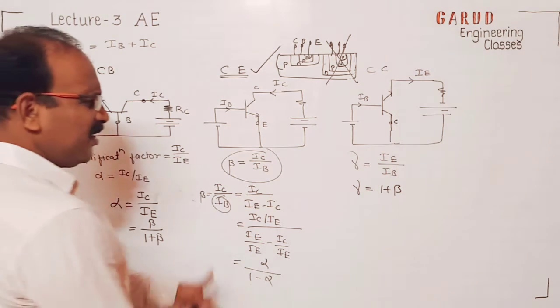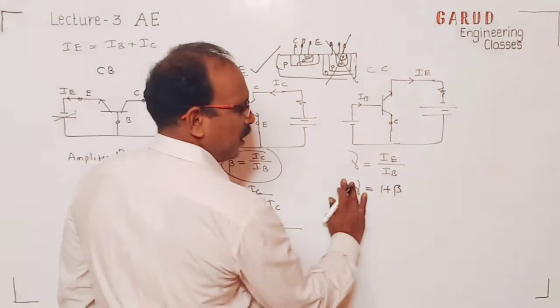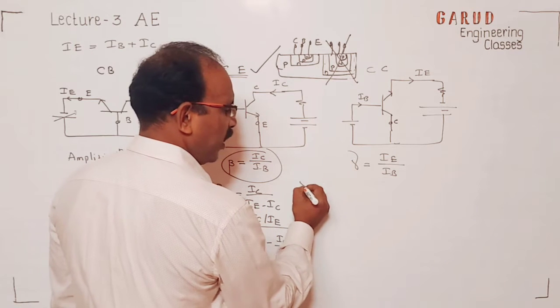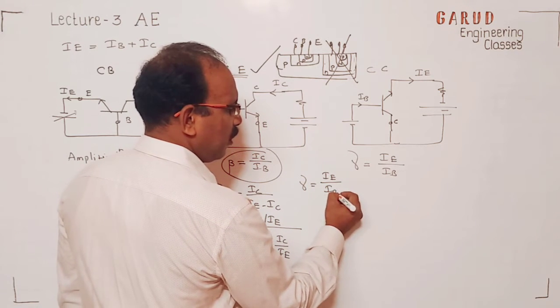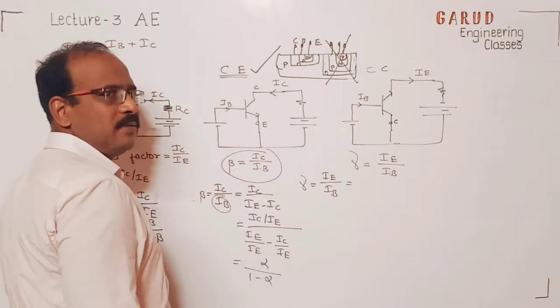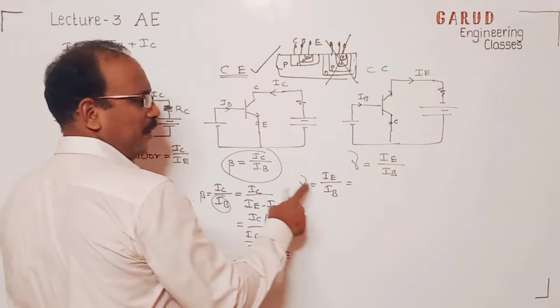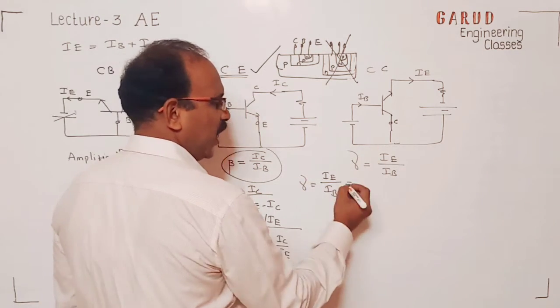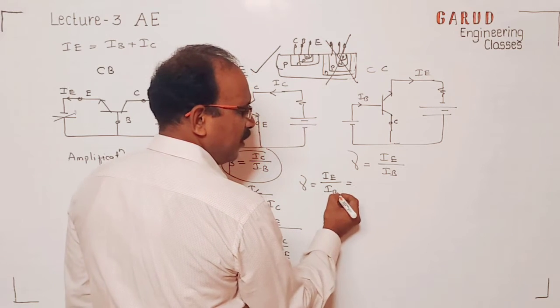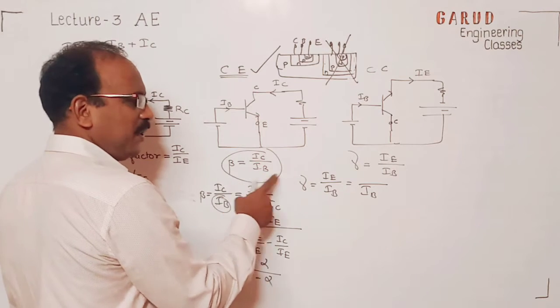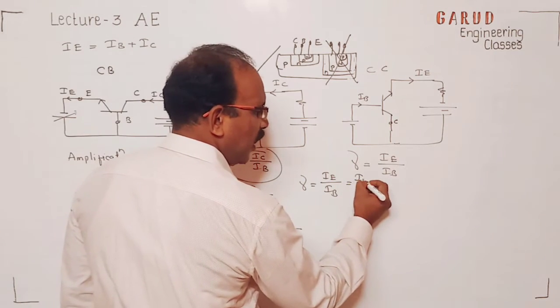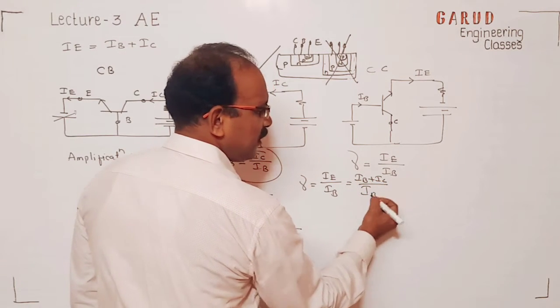This is a very simple part. Here gamma is equal to 1 plus beta. I want gamma equals IE upon IB. You want to present it in terms of beta. What is beta? IC upon IB. IB must be there. I is IB plus IC.